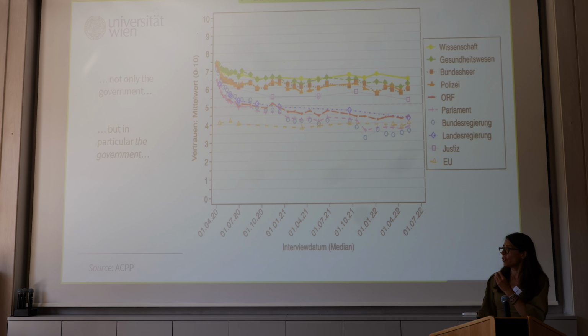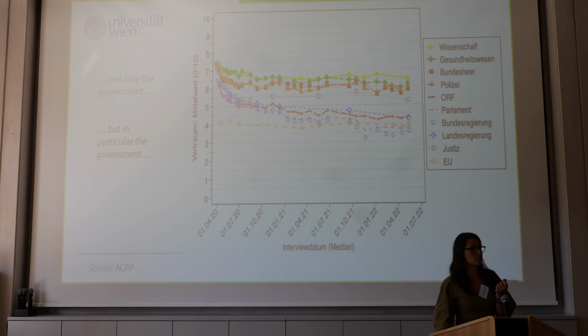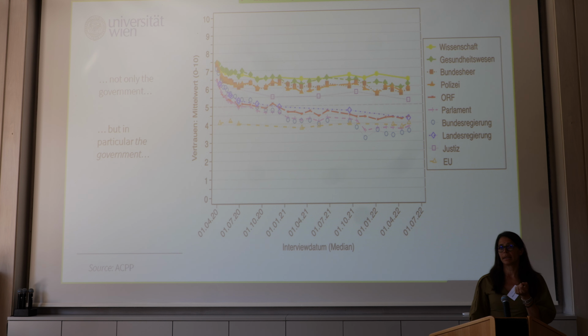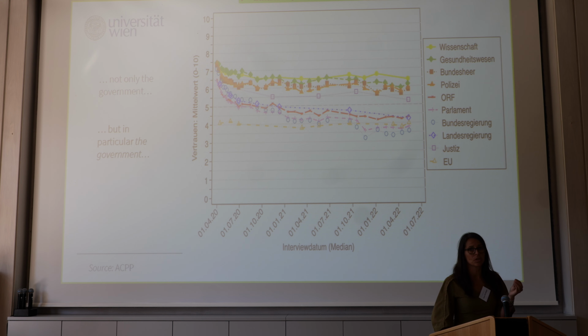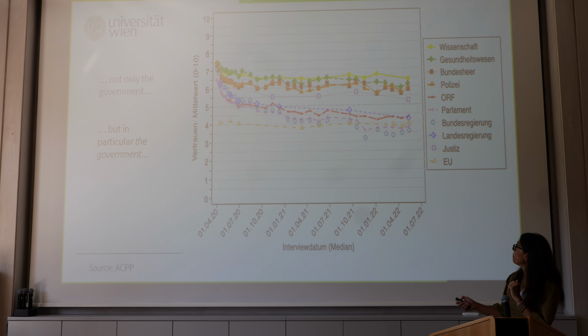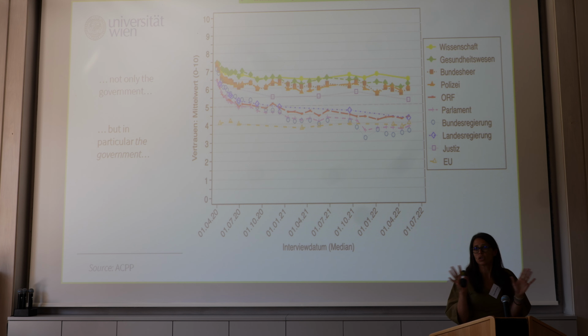However, the situation of the pandemic created such an environment that even the national institutions are below the trust in the European Union, where the European Union stayed very stable, was not really taken into consideration with negative values over the pandemic.